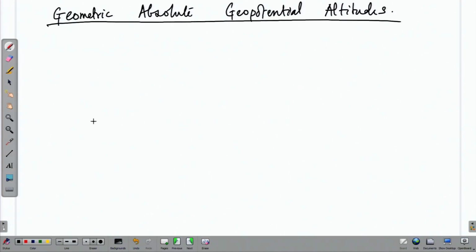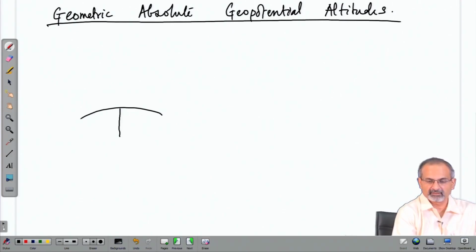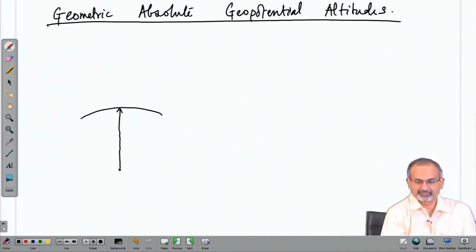Let us draw a simple sketch first. Let us say this is the Earth's surface, this is the radius of Earth, and let us say from the Earth's surface you are at a certain altitude. We will define this as the geometric altitude. So, what is the geometric altitude?